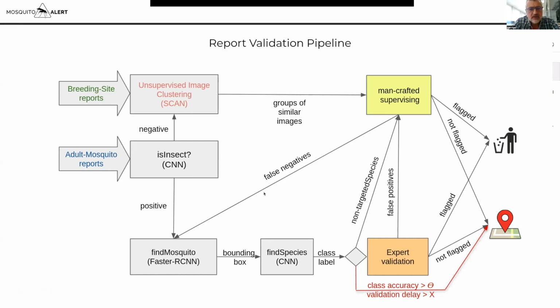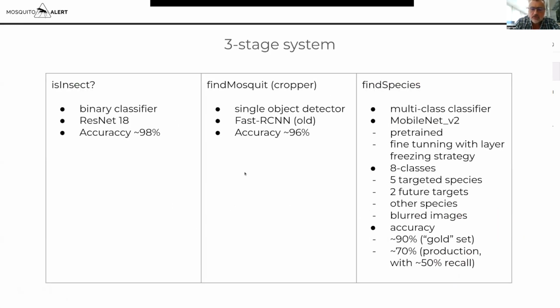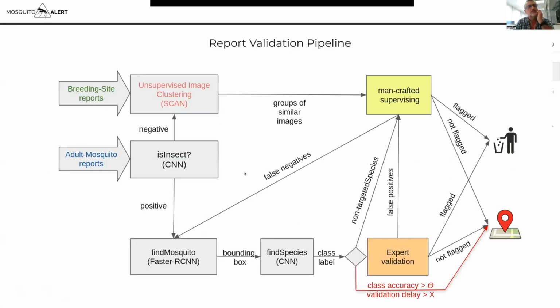And I think you are all guessing by now what the purpose of each one is. This one is just a first coarse-grained filter that selects images that potentially have a mosquito in them.